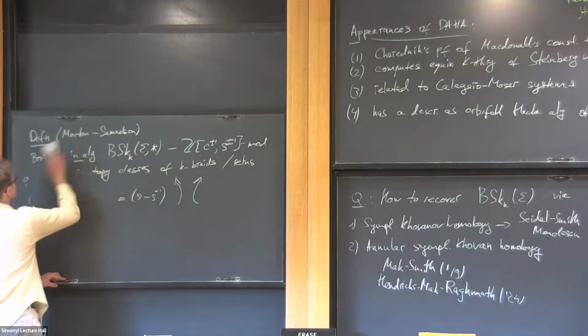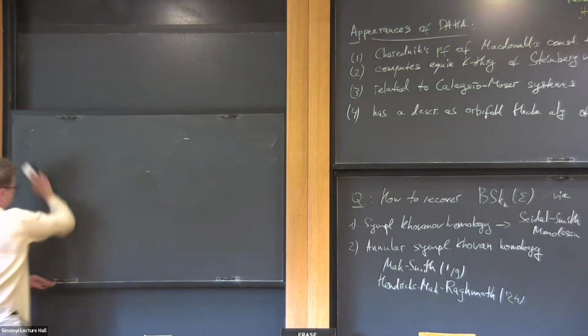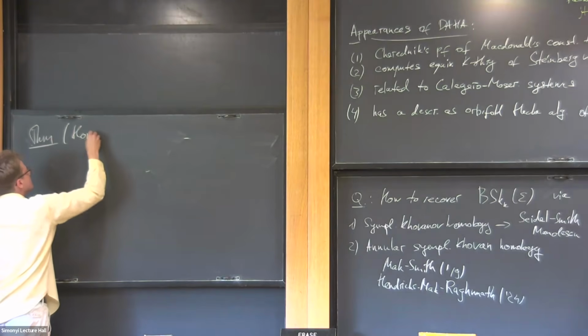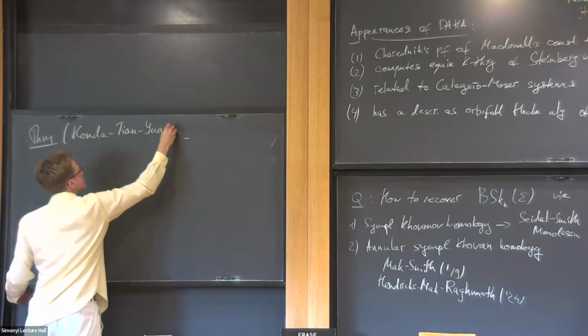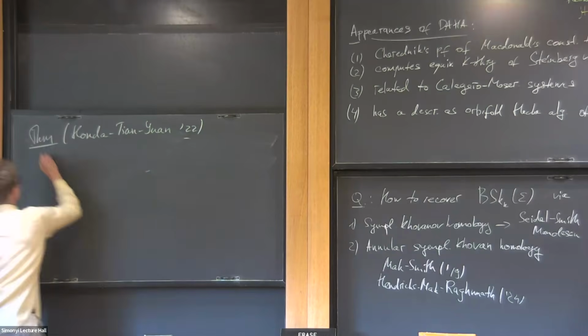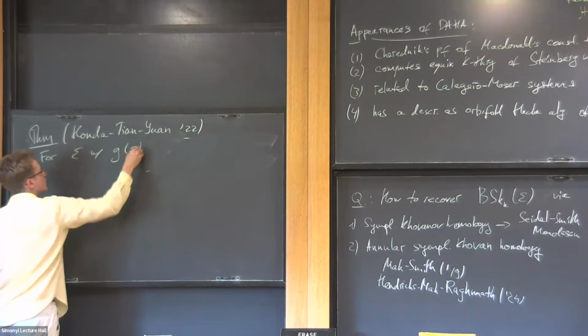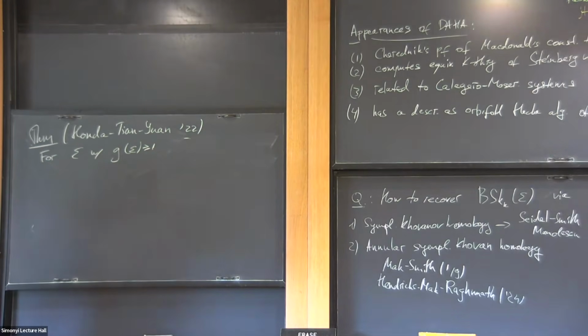In 2022, and Yuan showed that for sigma orientable with genus at least one, the infinity higher dimensional Heegaard Floer homology actually recovers this braid skein algebra.